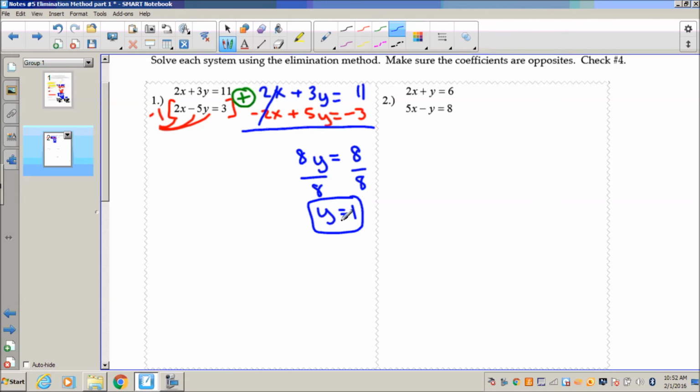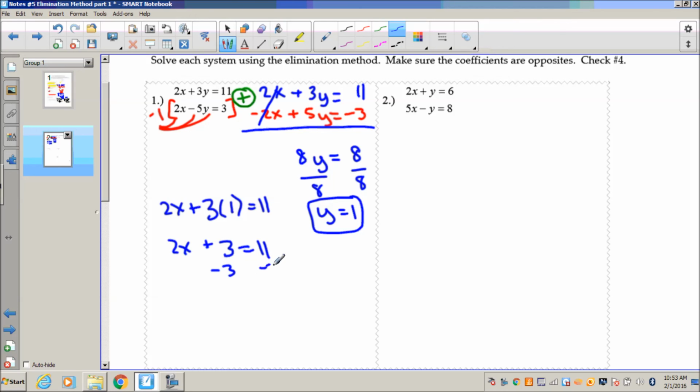Now that I have y equals 1, I have to figure out x. So I can just substitute y in my equation right here. It doesn't matter which equation. 2x plus 3 times y, y is 1, equals 11. So 2x plus 3 times 1 is 3 equals 11.